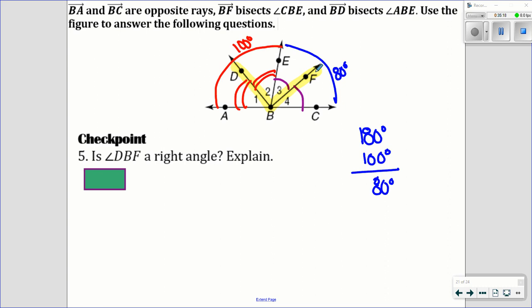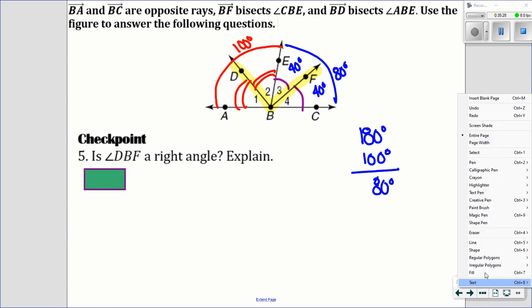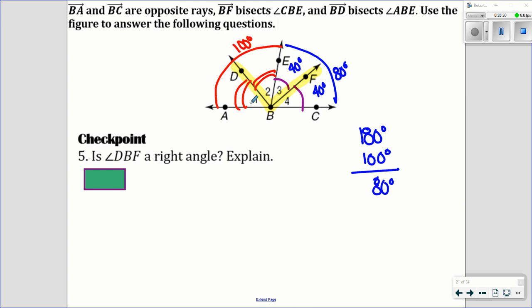But since they said that this is the bisector, that means these two are congruent. So therefore, this is 40, and this is 40. And the same goes with the 100. This is the angle bisector, so these two are congruent. If this is 100, half of 100 is 50. 50 and 50. So now, angle DBF is angle 2 and 3 put together.